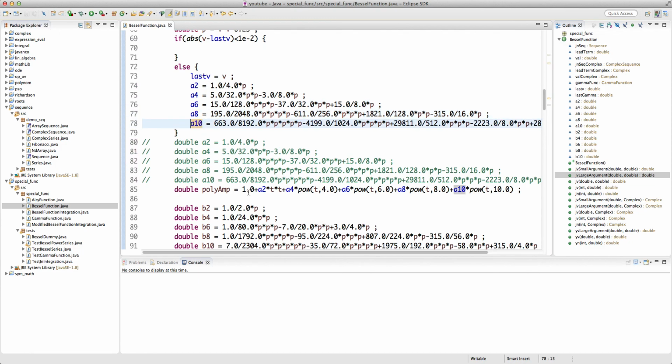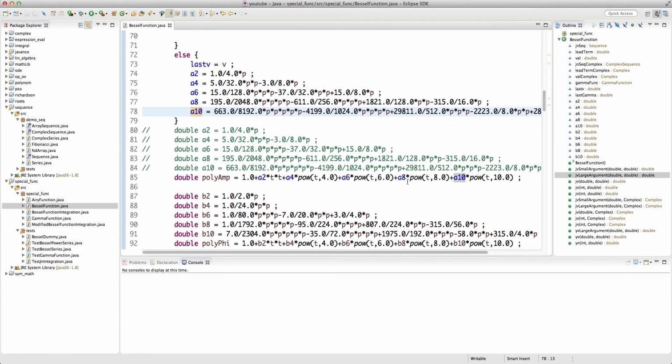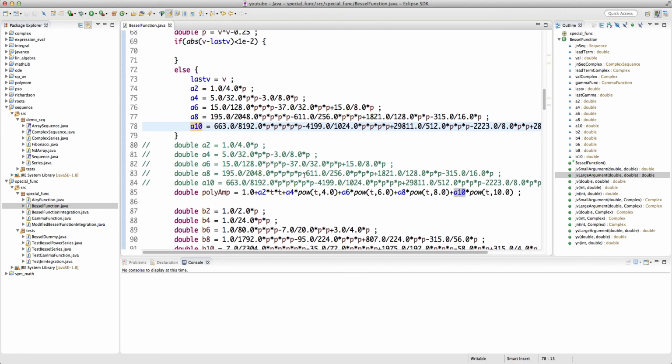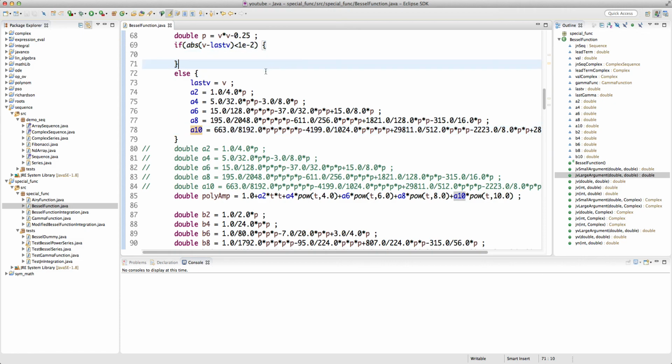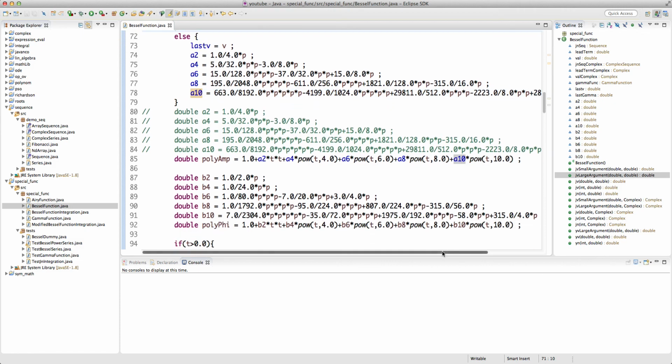So a2, a4, a6, a8, a10, and then based on these we just calculate. We actually didn't need this condition, but let's keep it for now. Similarly, the same thing for b.